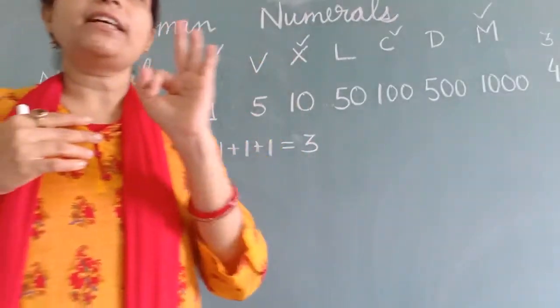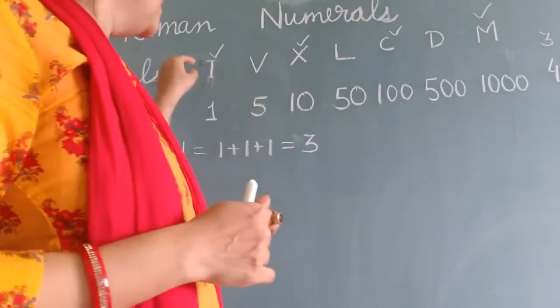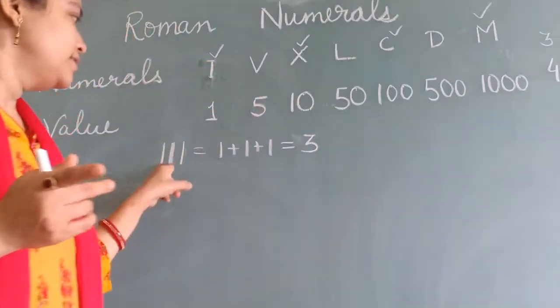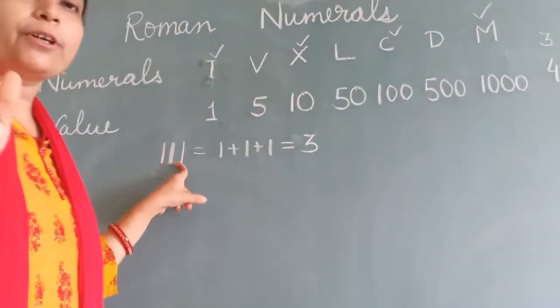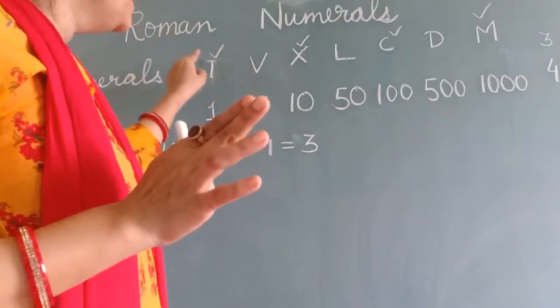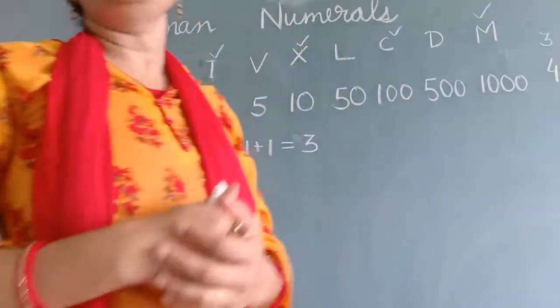Only 3 times you can repeat a letter to write any number. If you are repeating I, you can repeat only 3 times, not more than that. You can't write I 4 times for writing 4. So there is a rule: you can repeat I, X, C and M, but only 3 times.